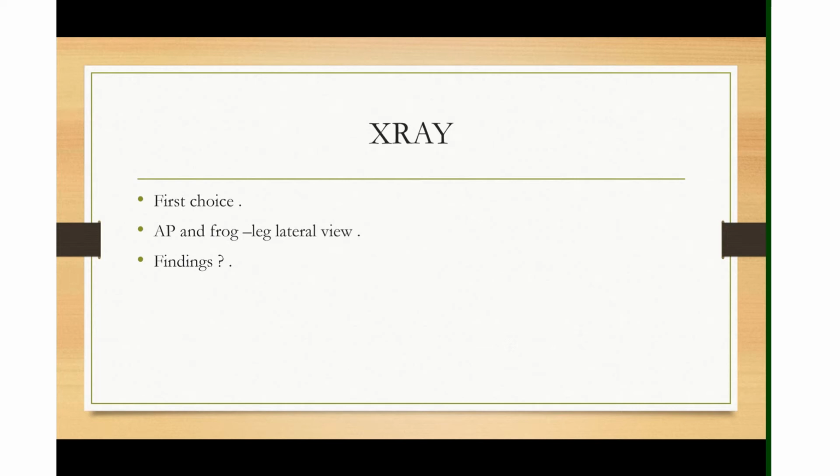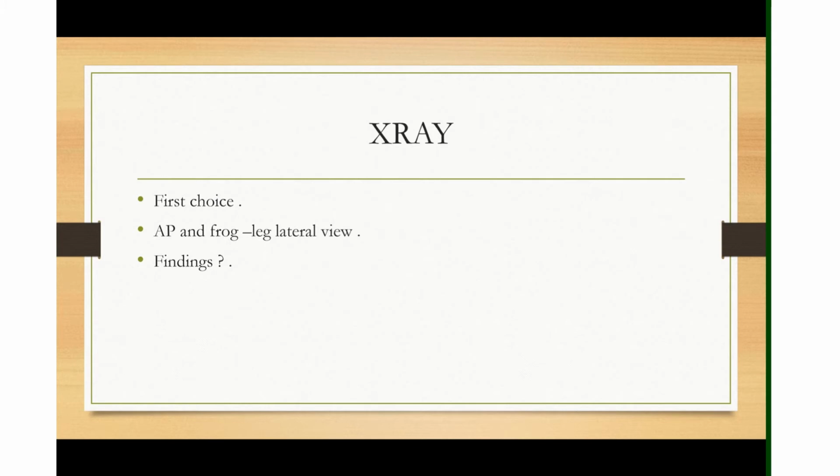Now, how will you diagnose a case of slipped capital femoral epiphysis? The first choice of investigation to diagnose this condition is X-ray. And what are the views taken? There are two views, AP view and frog leg lateral view.